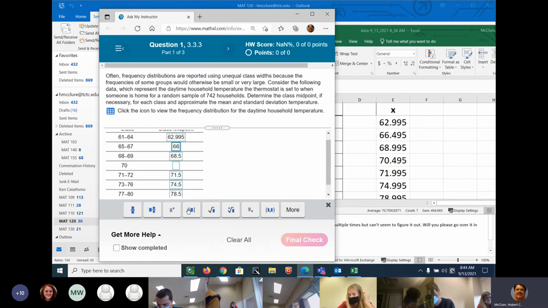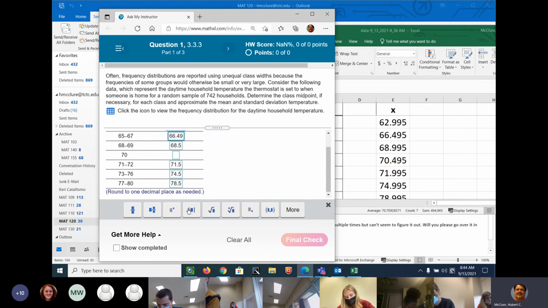All right, 66.495. 62.995. This is like giving you a car, telling you to take the brakes off and give you an old set of brakes to put on a new car. 66.495.